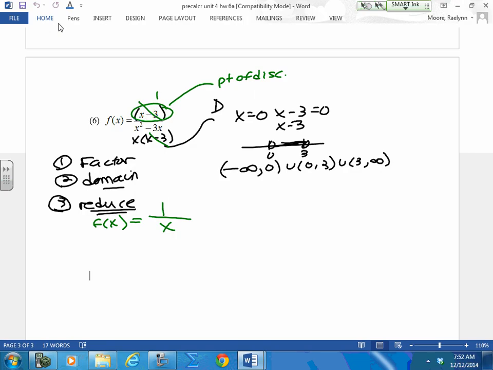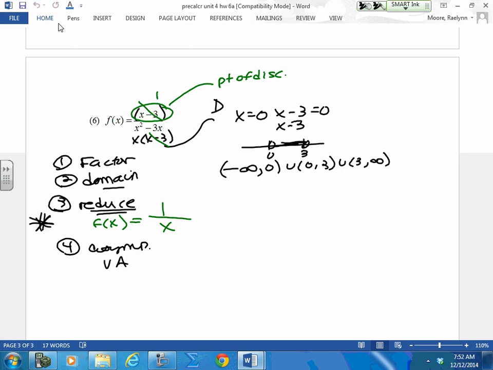Now we continue. Let's do our vertical asymptotes. Let's do all our asymptotes. Your vertical asymptote says zeros in the denominator after we factor. So from this point on, we're using this function. From this point on, we're going to graph the original one, but after we do your domain, we're using the reduced function.